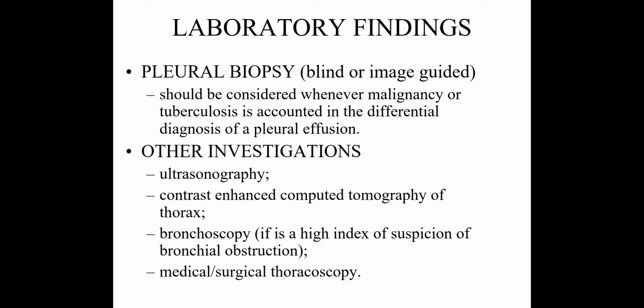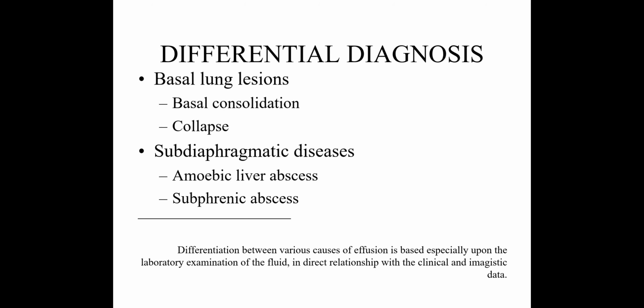Pleural biopsy is needed, blind or image guided, and we send the biopsy for histopathology to reach the diagnosis. Other investigations: ultrasonography, contrast-enhanced CT of the chest, bronchoscopy, and sometimes you need to do medical or surgical thoracoscopy.